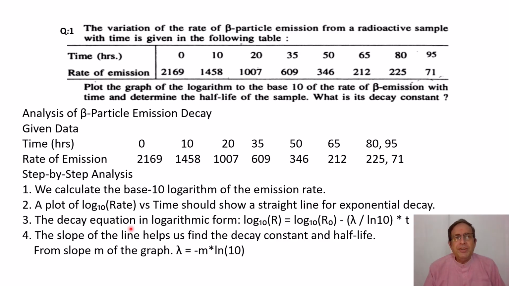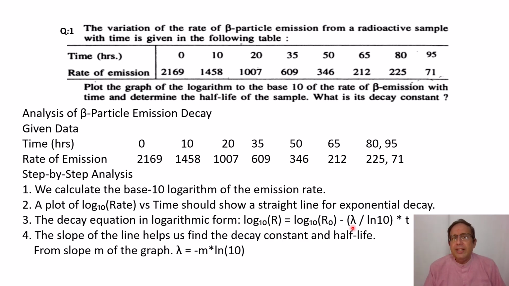So what is the equation for the logarithm? So log 10 of the rate is equal to log 10 of R naught, which is the rate at time t is equal to 0, minus lambda divided by ln 10, natural log of 10, times t. Now this is the equation.